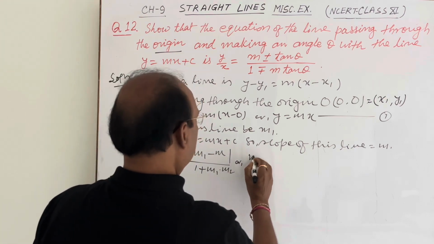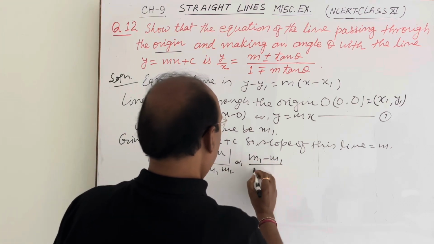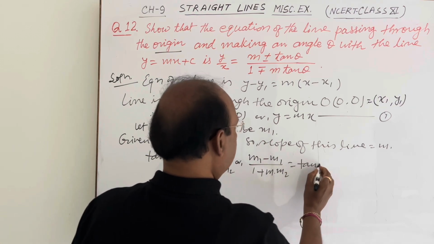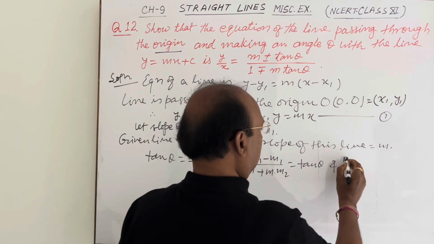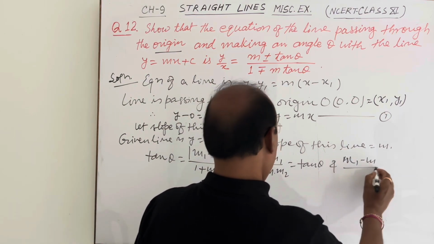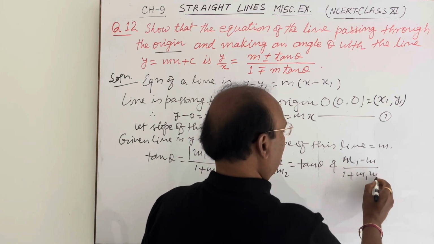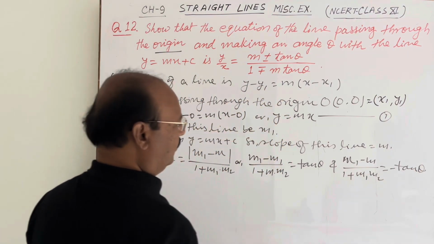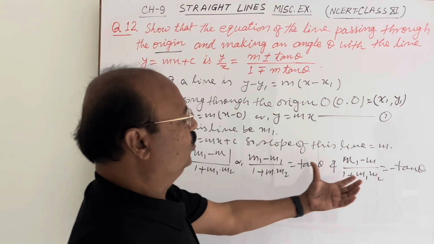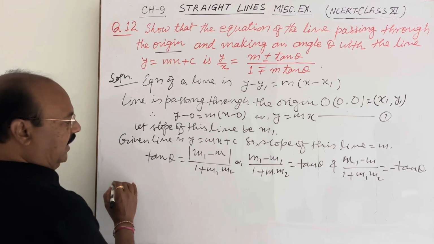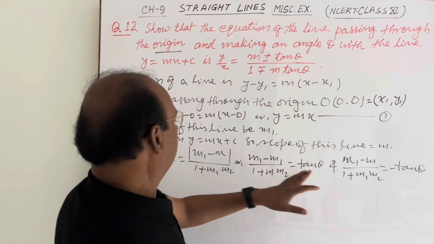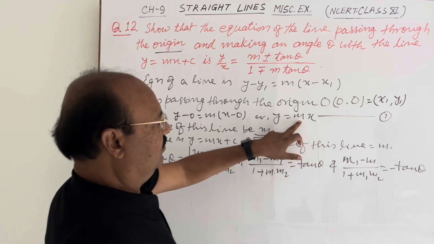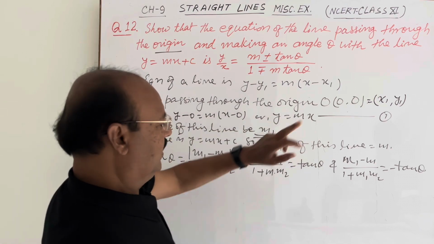So we can write m1 minus m upon 1 plus m1 m is equal to plus tan theta, and m1 minus m upon 1 plus m1 m is equal to minus tan theta. So we will discuss two cases, and in both cases we have to find the value of m1, and we will put this value of m1 in place of m in equation number 1. We will get the result.